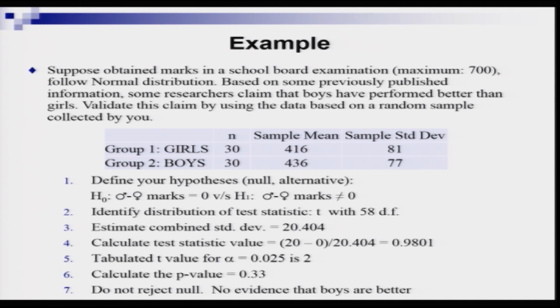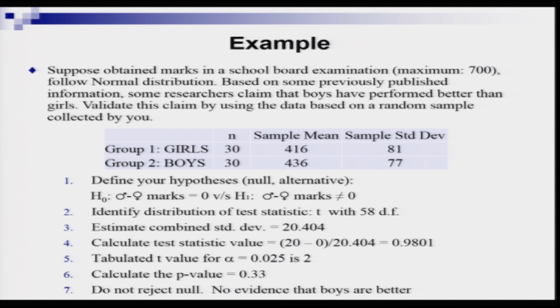So, basically you say that the difference between the mean marks for boys and girls is 0, and the alternative hypothesis you set so that you can conduct a two-tailed test. So, you assume that the difference in mean marks is not equal to 0. That is your alternative.